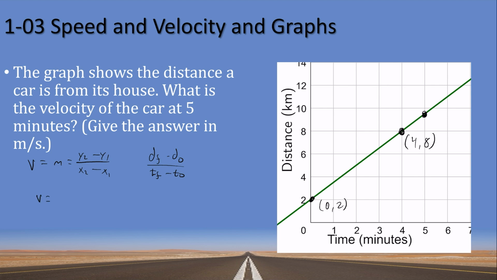So it looks like it's 8, and that unit was kilometers, minus 2 kilometers over 4 minutes minus 0 minutes. So that gives me 6 kilometers over 4 minutes, which is 1.5 kilometers per minute.